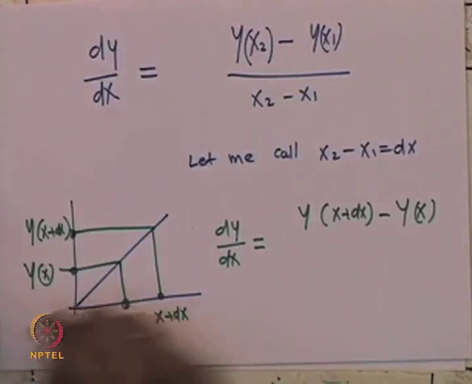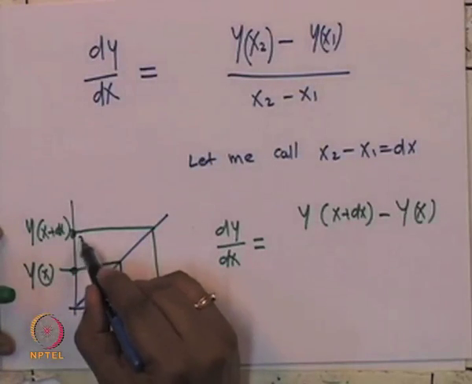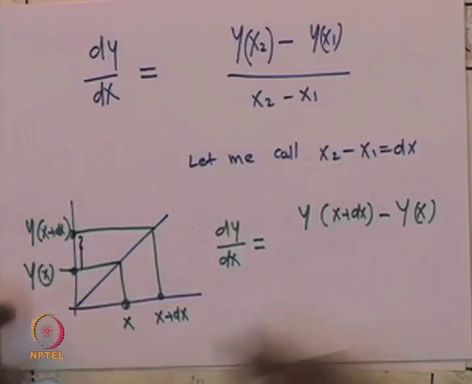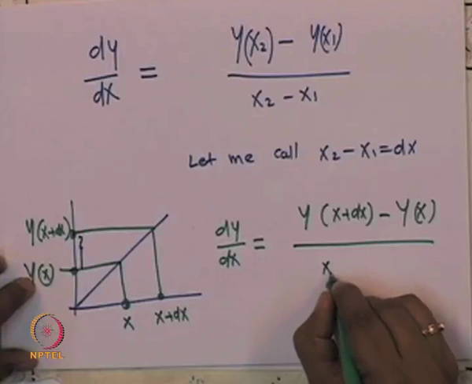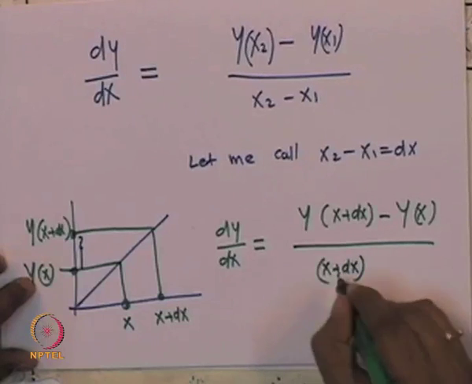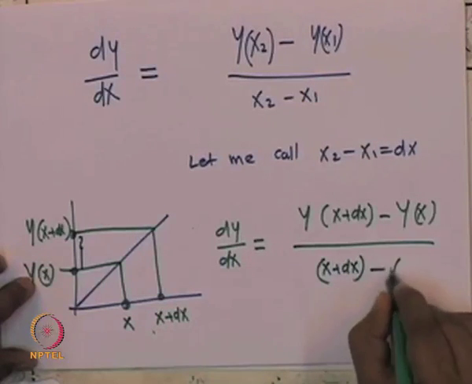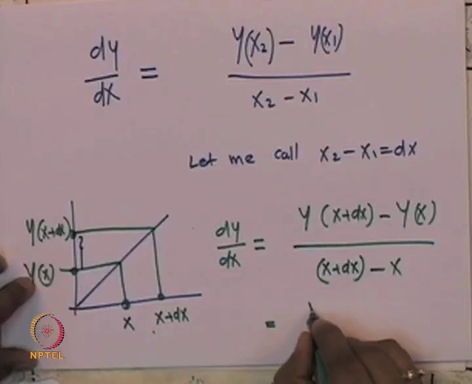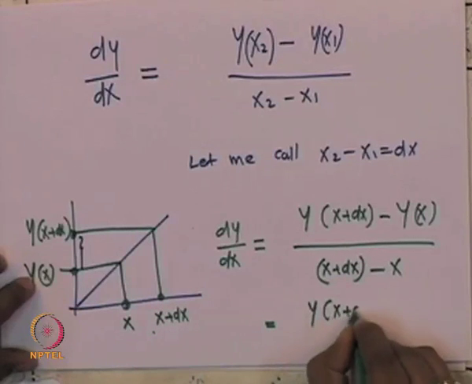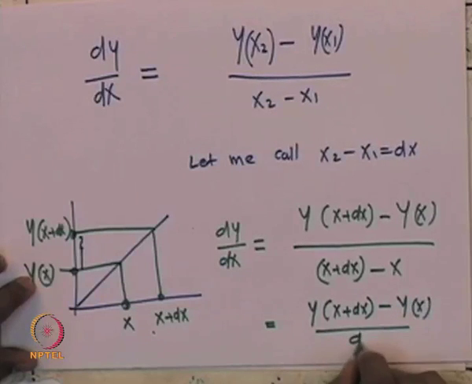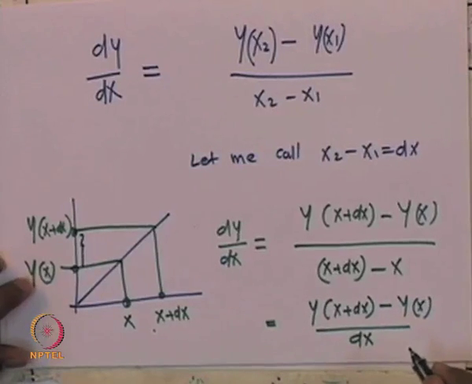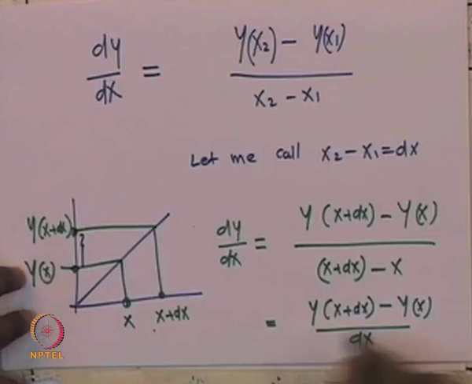Again, this is nothing but this distance divided by x plus dx, which is this, minus x. In other words, y of x plus dx minus y of x divided by dx. So, this is another way of writing the derivative.